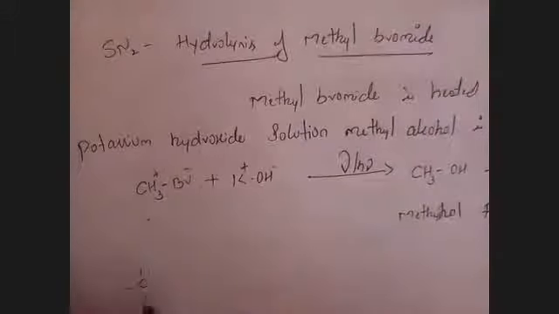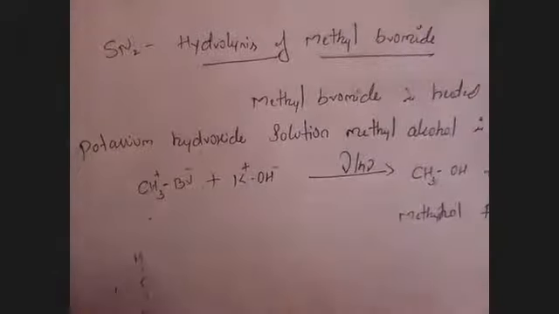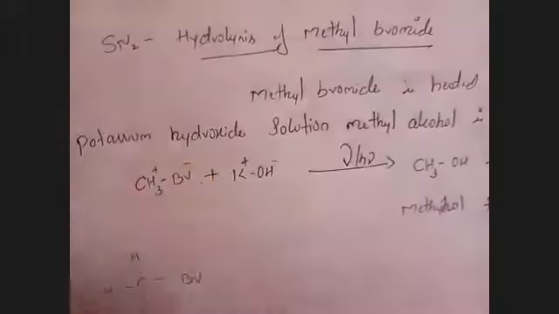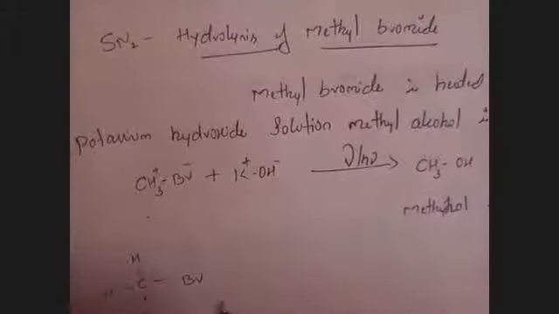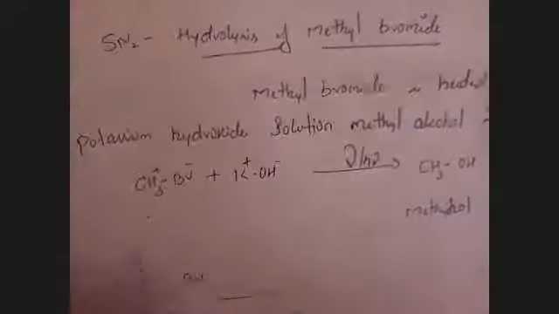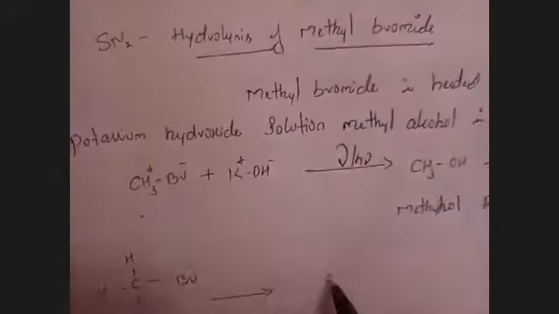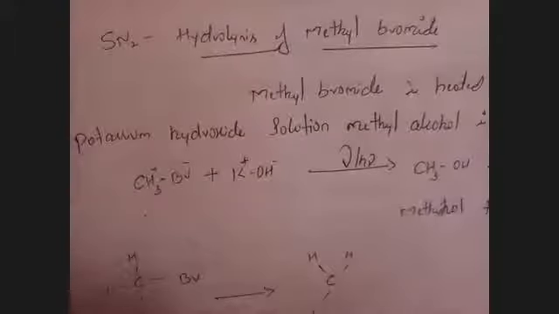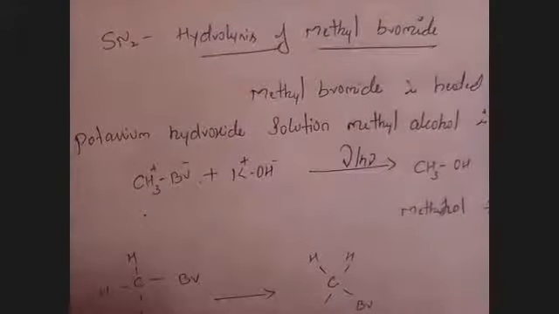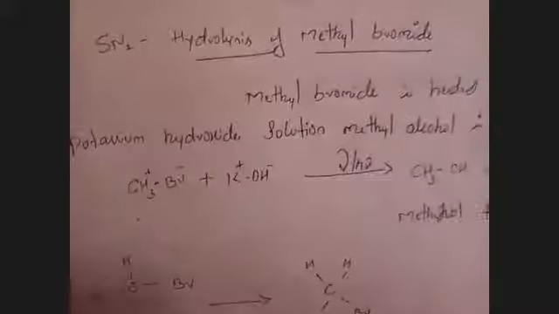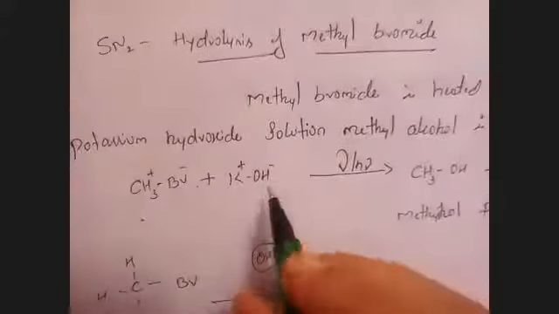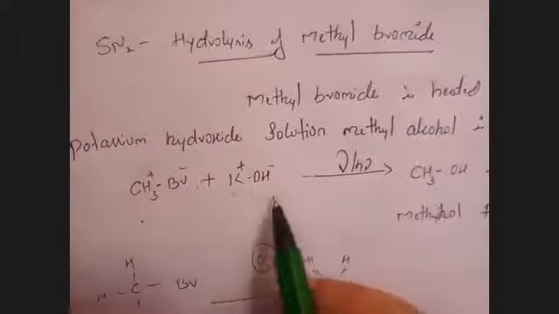So let us write it here. This is CH3Br, the structure of methyl bromide. I'll just change the position of the structure, because it is flexible and keeps moving aside. When KOH is aqueous, it dissolves very easily.